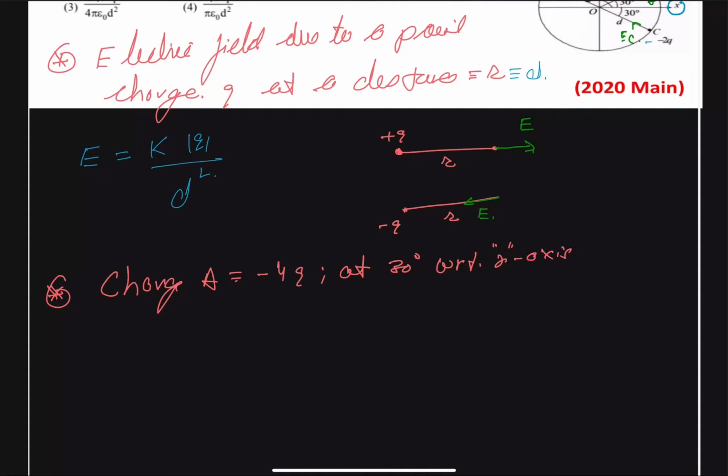So we can say our EA will be equal to k 4q divided by d square, and we are interested in only the x component. Its x component EAX will be equal to EA cos of 30.